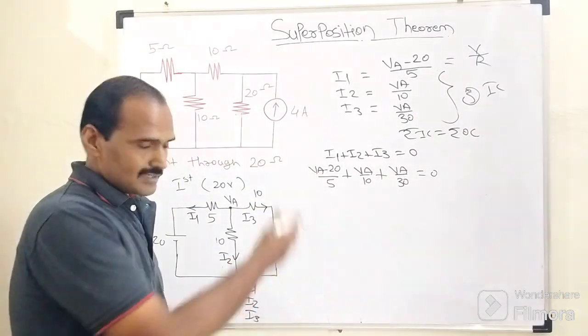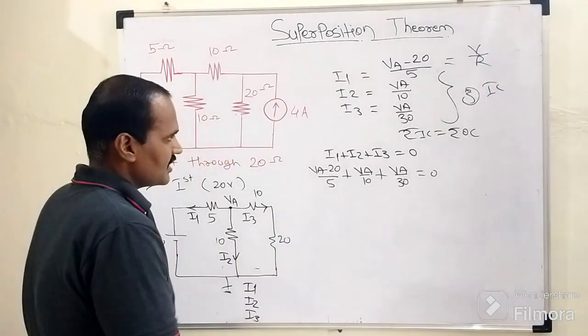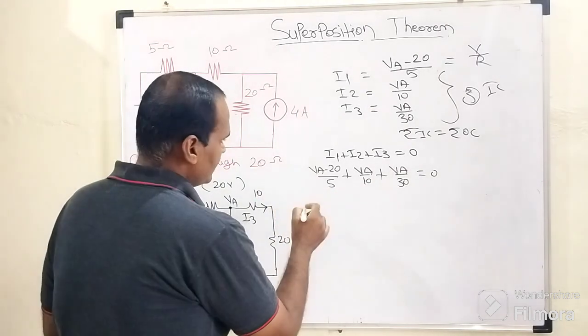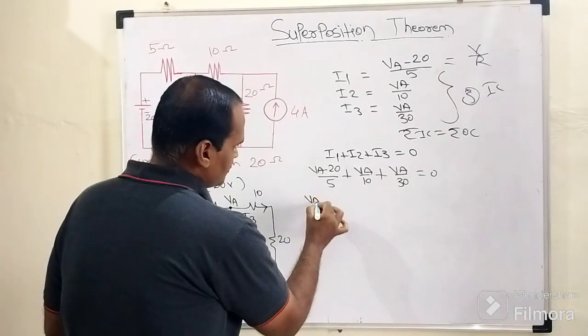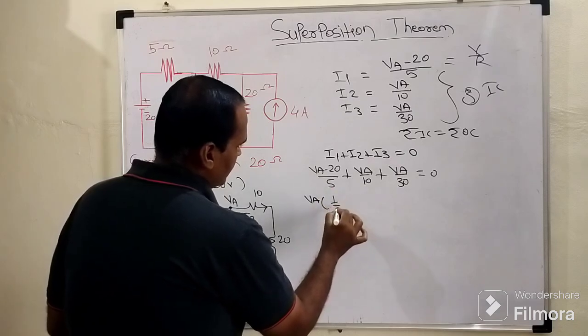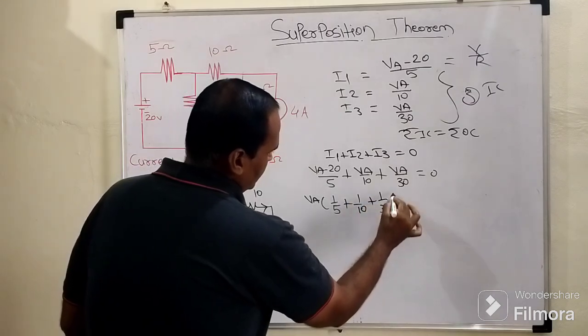Now there are certain mathematical ways by which we can simplify this expression. For that purpose we can take the LCM as 30, or we can collect the terms belonging to VA. It is 1 by 5 plus 1 by 10 plus 1 by 30.